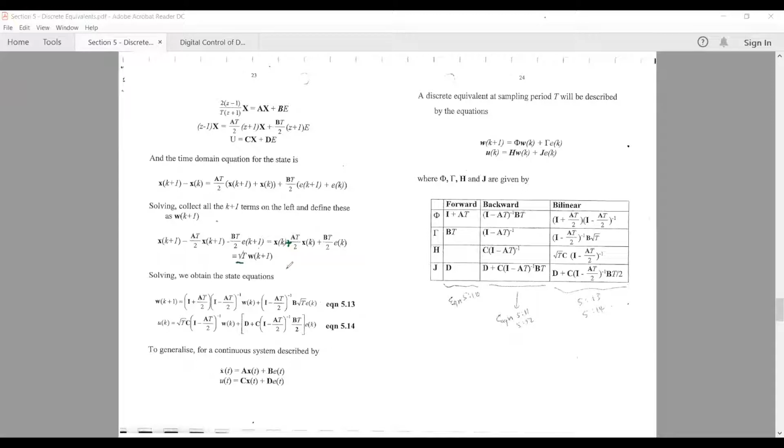What we will get is (I minus tA over 2) times x of k.